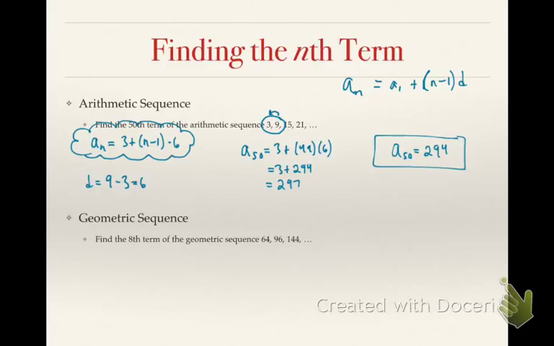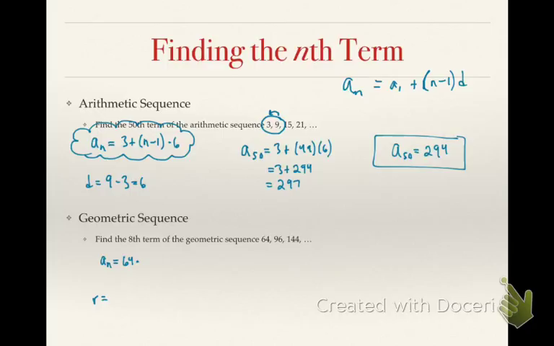For a geometric sequence, we're going to use the geometric formula. To find the 8th term, we need to know the first term and the common ratio. So it helps to write down the formula for the nth term. So the first term is 64, and we have to find the common ratio.